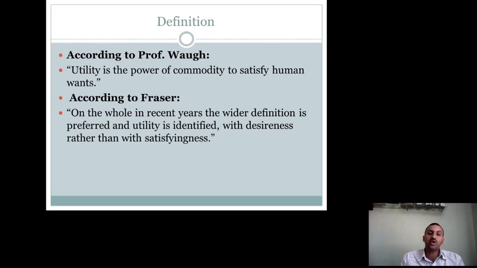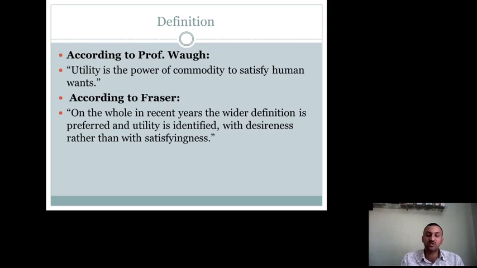Here, according to Professor Waugh, utility is the power of commodity to satisfy human wants. Professor Waugh is trying to tell us that utility is nothing but the power of a commodity to satisfy the human want. The same previous example we can see.